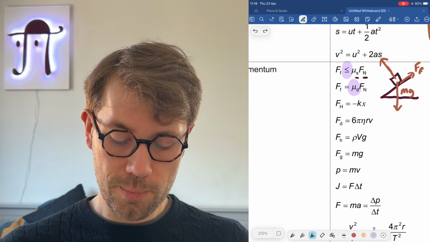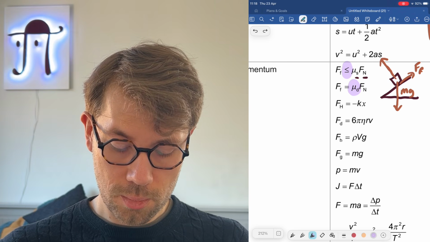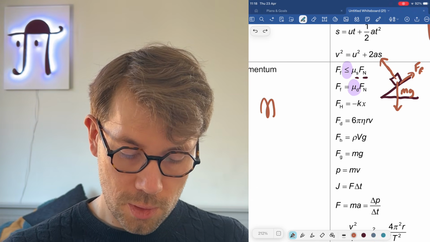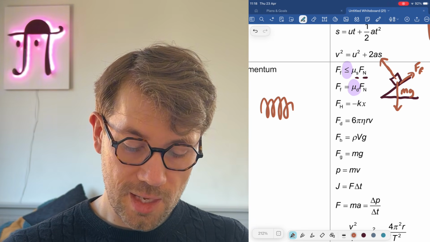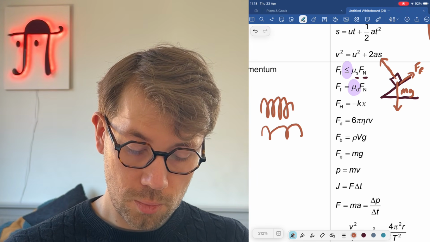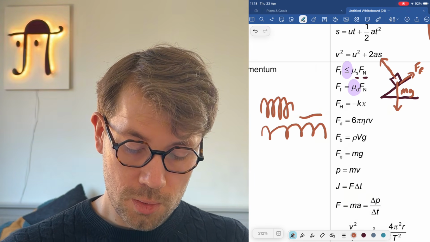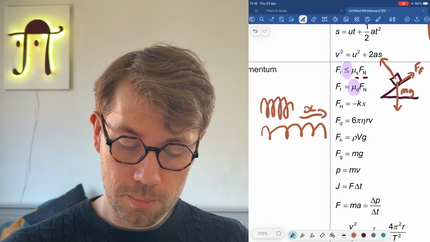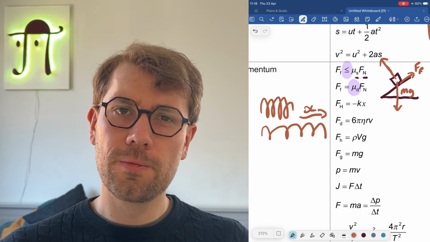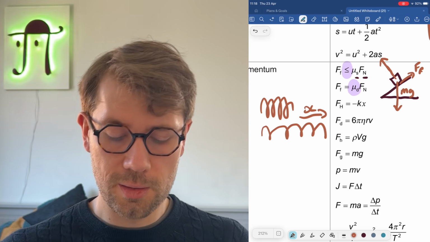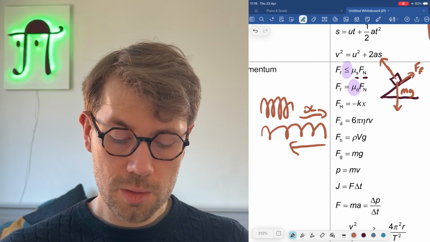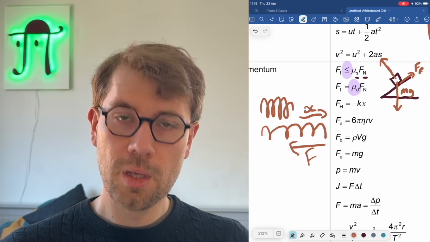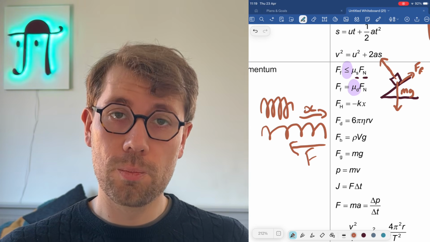If I pull my spring, here's my spring, I am going to extend it this way to the right. So the extension has gone like that. What direction is the force from the spring going to be once I've extended it? It's going to want to pull it back to the way it was, so that's going in the opposite direction. And that's where we get this minus from.